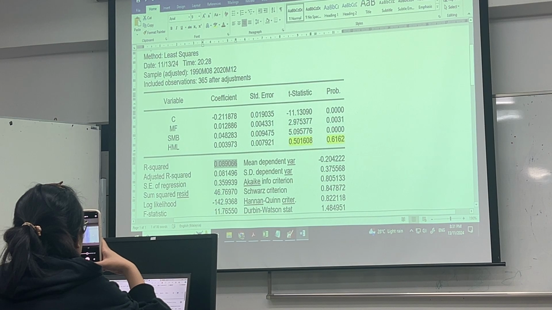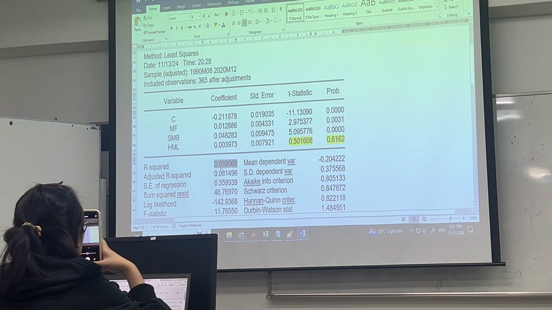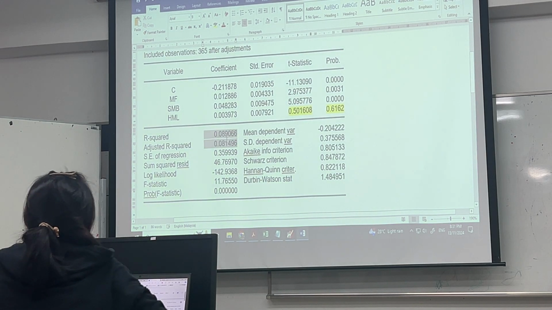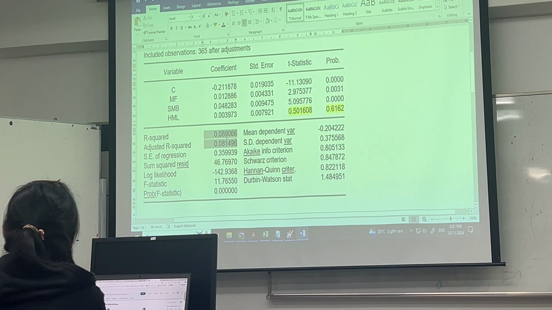The variation in the return of this Alliance Bank is explained by these three factors, and the majority is explained by other factors. So this is the R square value; if I want to use R square to explain my model, this is the way.